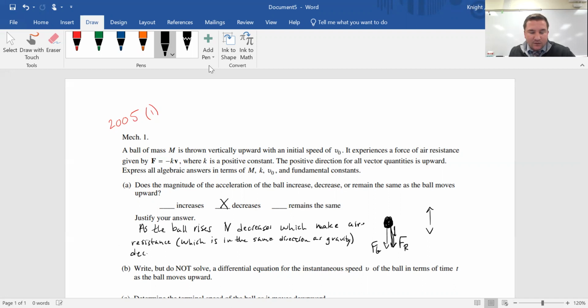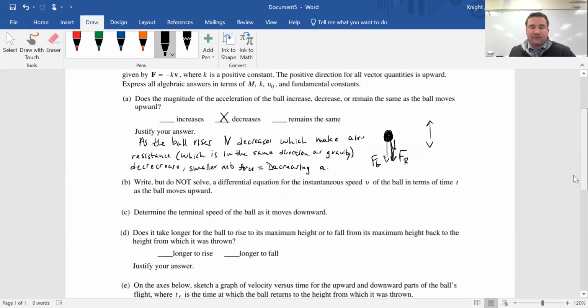So a smaller net force, or a decreasing net force, equals a decreasing acceleration. As our net force decreases, our acceleration will also decrease.